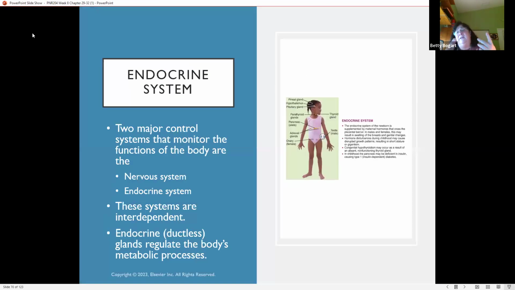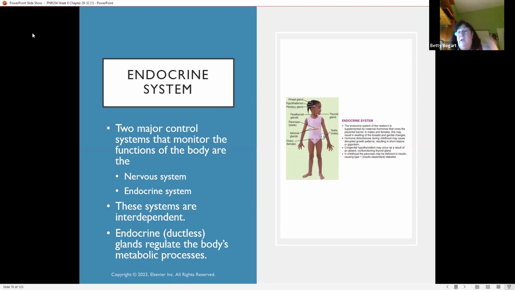Metabolic system, endocrine system, there are several things with it. The endocrine does affect the nervous system. And we know it all has to do with their metabolic process, which means the endocrine system is about their weight, their height, and maturity and how they grow.